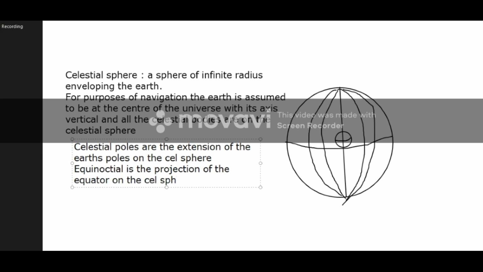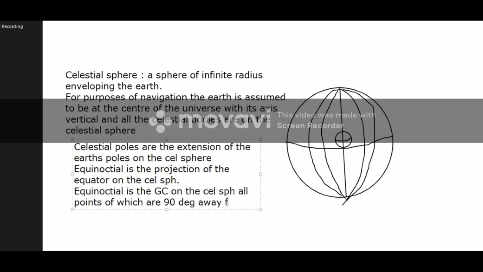In other words, we can say that equinoctial is the great circle on the celestial sphere, all points of which are 90 degrees away from the celestial poles. So actually that's what it is. Your poles have become the same. North and south have come.